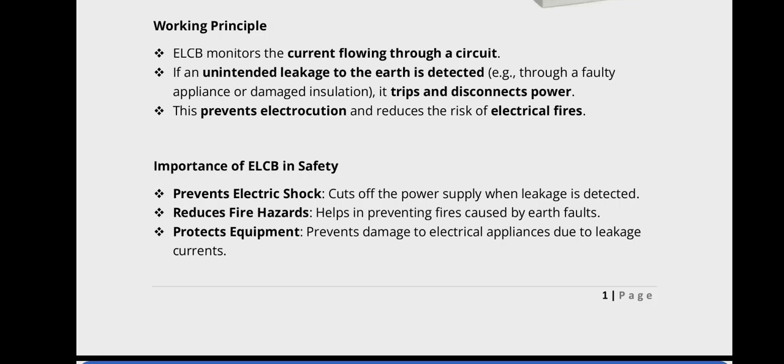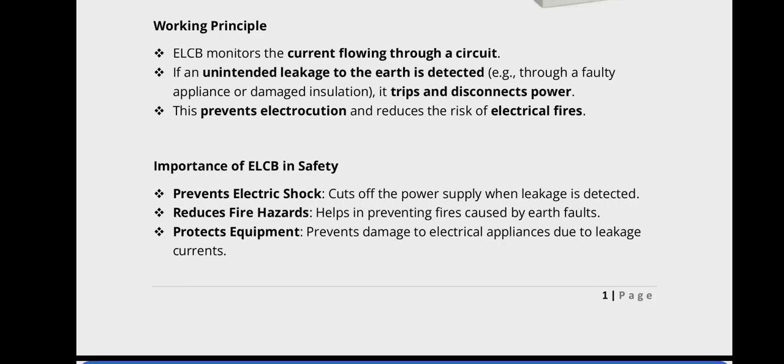If we start the mixer, because of this leakage current we get a shock. But if we are using an ELCB, there is a current difference between phase and neutral, and it directly trips. That means the chance of a fatality is reduced. That means it is used to prevent electric shock.